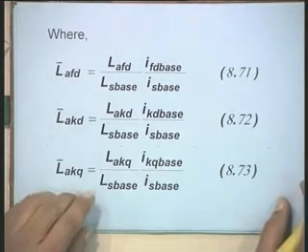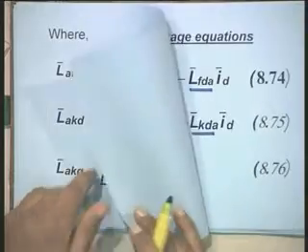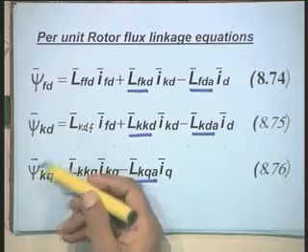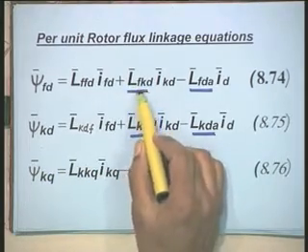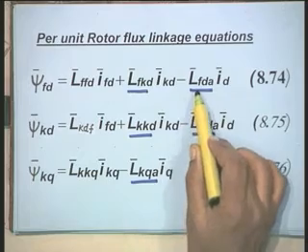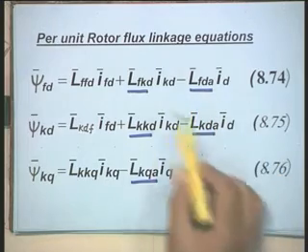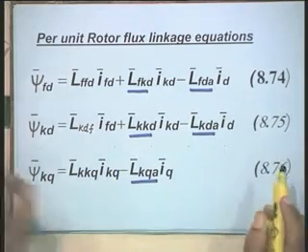Okay. Similarly, when we talked about the per unit rotor flux linkage equations, we had defined these mutual terms LFKD, LFDA, these are all per unit quantities which were defined.